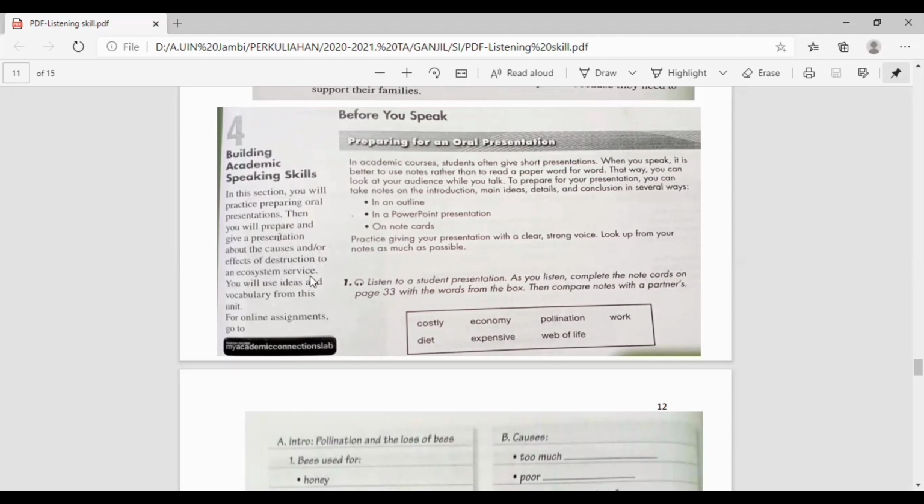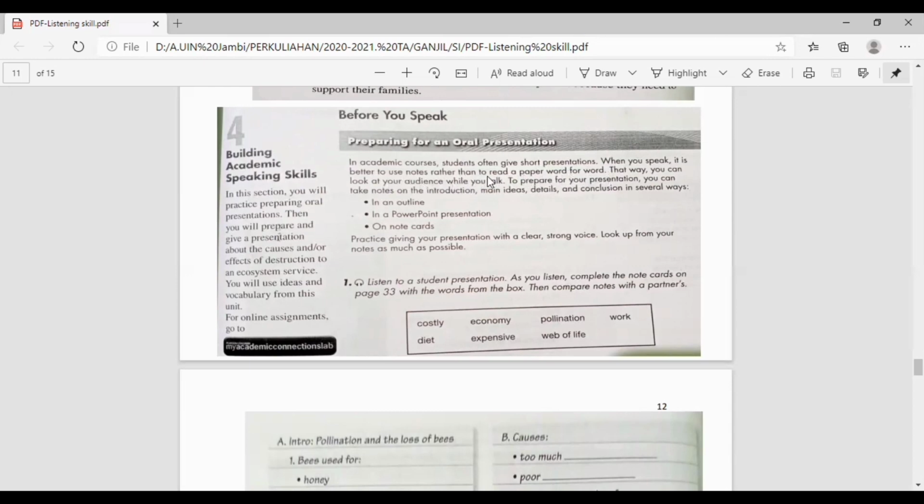Okay, so guys, in academic courses, students often give short presentations, of course. When you speak, it is better to use notes rather than to read a paper word for word. This is what most students do when they give a presentation.